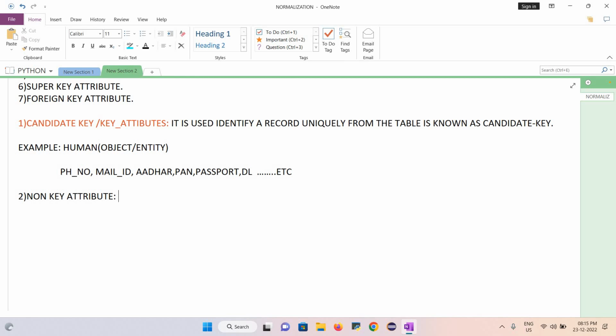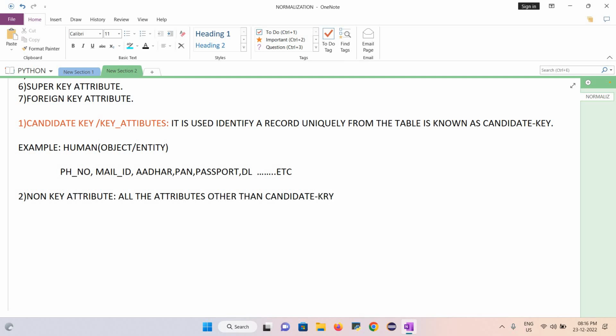That's why I would say this is a non-key attribute. Basically, all the attributes other than the candidate key are non-key attributes.